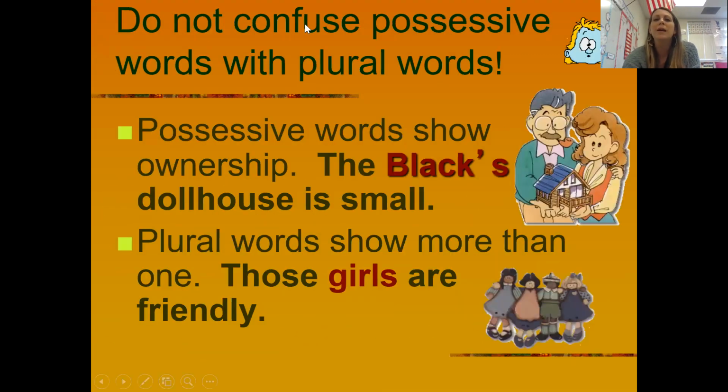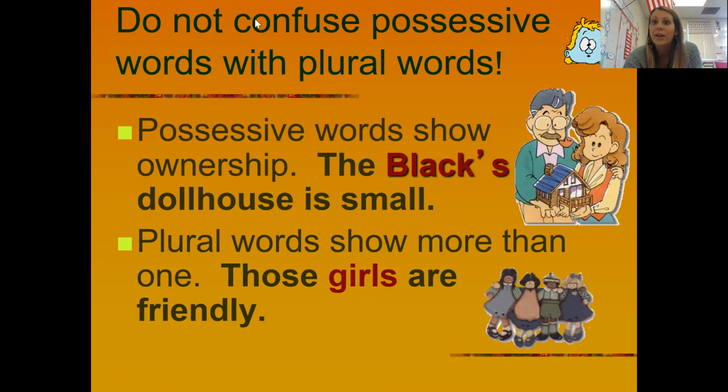All right, so think about this too, because this is also important. Do not confuse possessive words with plural words, okay? So here's our possessive word right here. We know possessive words show ownership. The Blacks' dollhouse is small. We can ask, who owns the dollhouse?